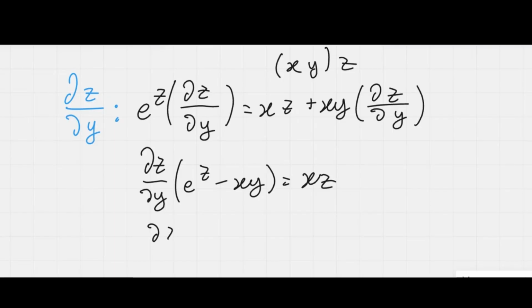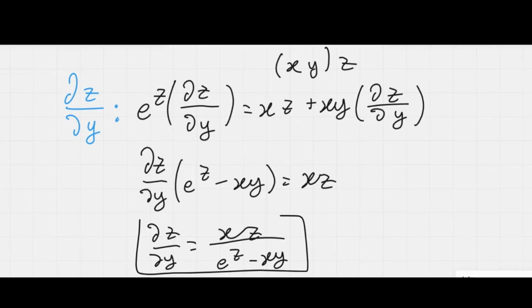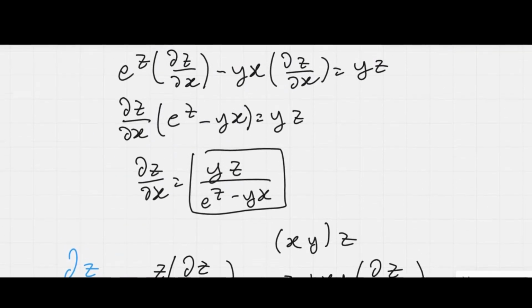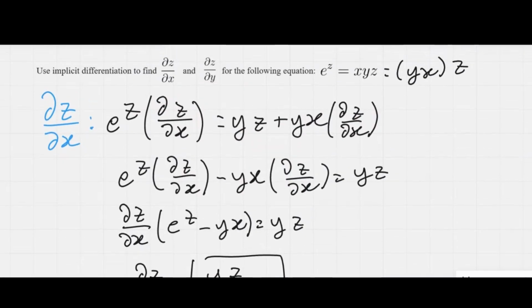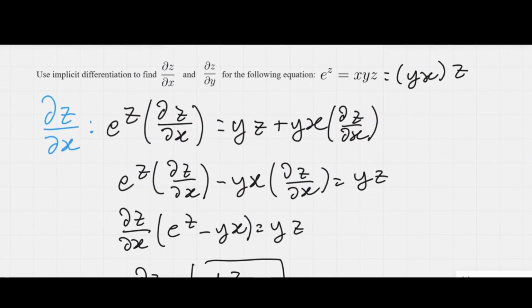Simplifying this even further, that leaves us with del z over del y being equal to xz over e to the power of z minus xy. And so that becomes our answer. And so that is how we use implicit differentiation in the context of trying to find partial derivatives, assuming that we have a certain variable being defined implicitly.